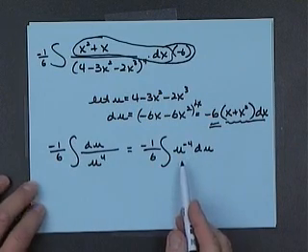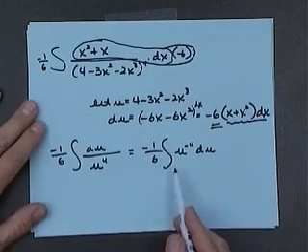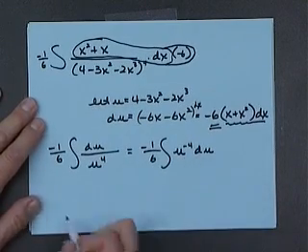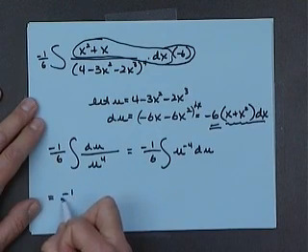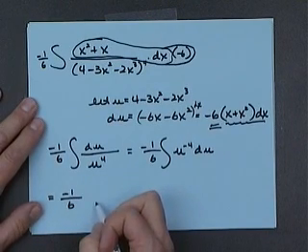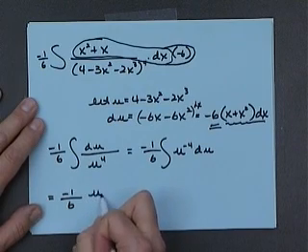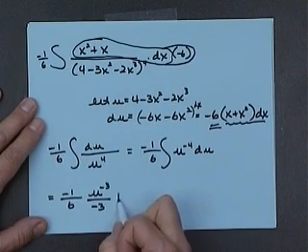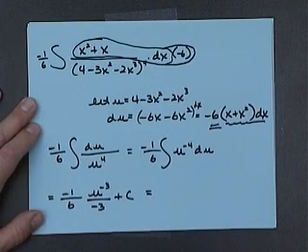Those are the same. What's the integral of u to the negative 4th du? U to the negative 3rd over negative 3. It's an indefinite integral, so we've got a plus c.